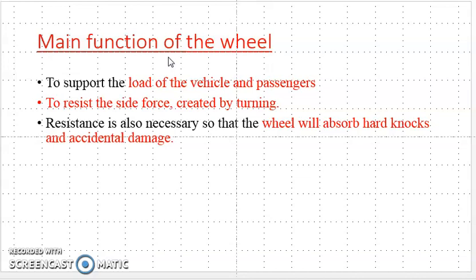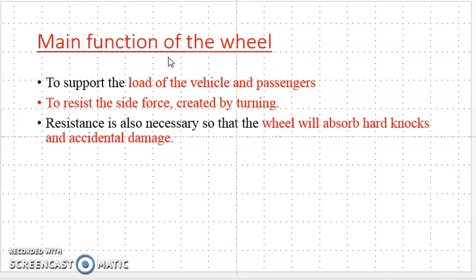So once again I will repeat, the main purpose of this wheel is to support the load of the vehicle and passengers and to resist the side force created by turning. When the vehicle is turning, the side force is there and that will be resisted by these wheels, and also the vehicle must have resistance ability when there are some shocks or accidental damage.